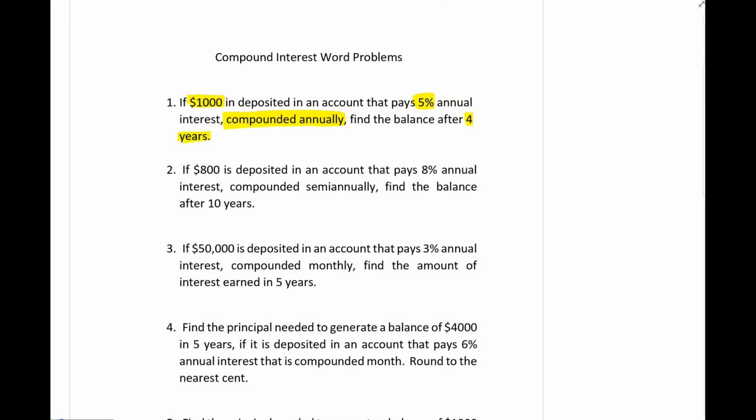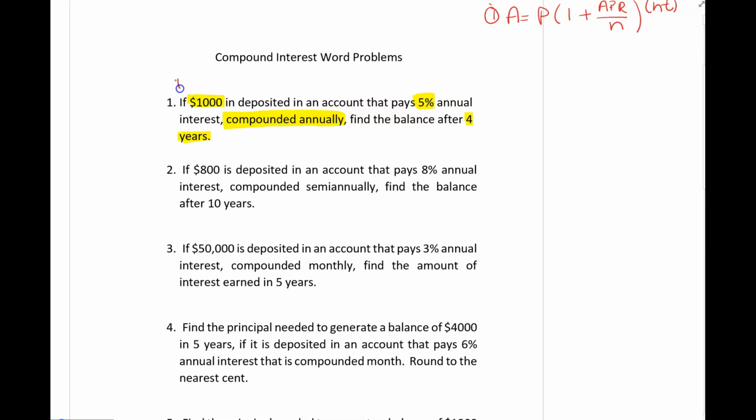So, just to reiterate, in our formula, remember for number 1, we have A is equal to P times 1 plus your APR divided by n, raised to the n times t.